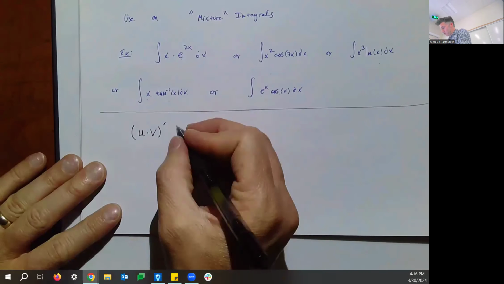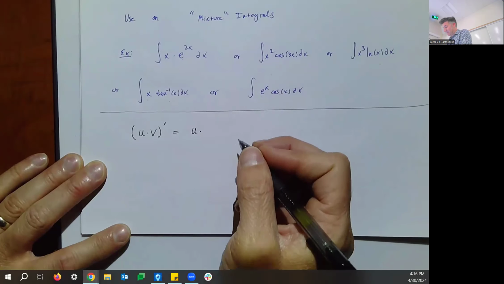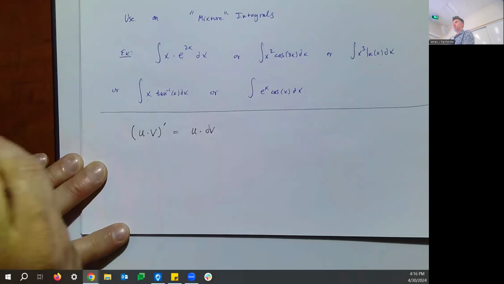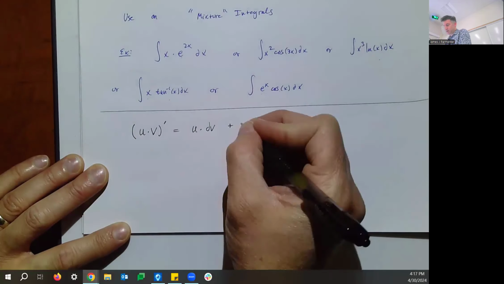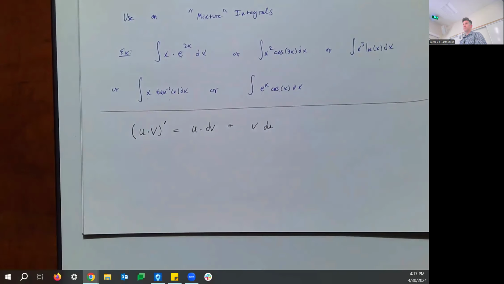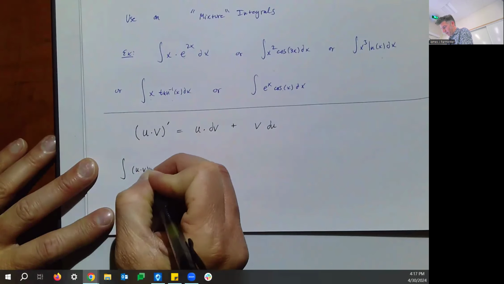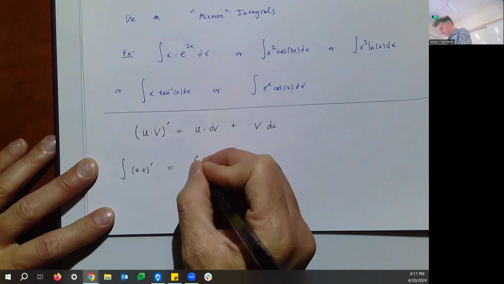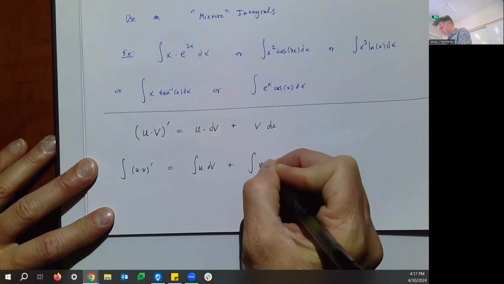It's equal to u times the derivative of v, which I'm going to write as dv instead of v prime, plus v times the derivative of u. Then we anti-differentiate both sides. The antiderivative of u times dv plus the antiderivative of v times du.